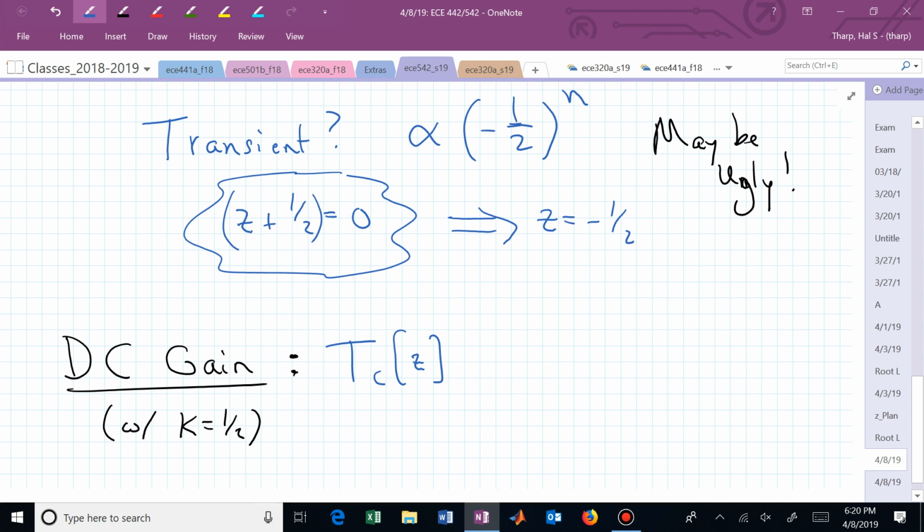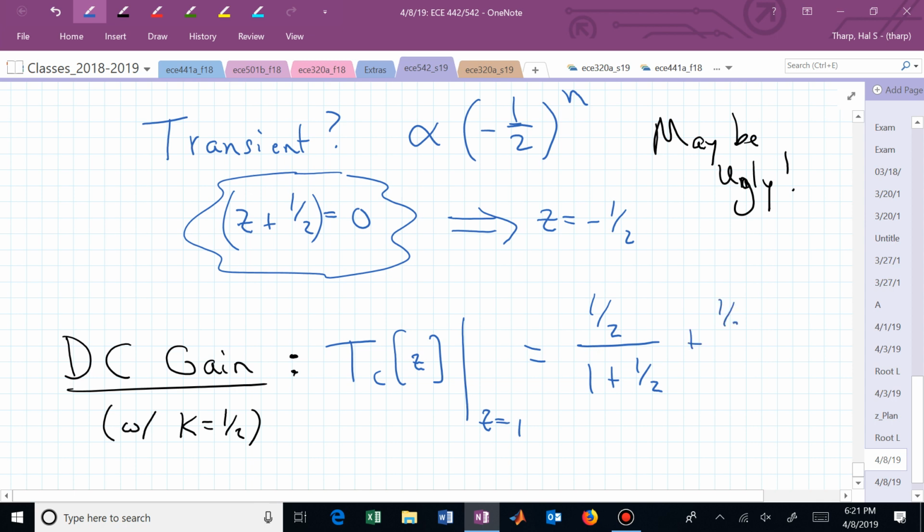That's how we find our DC behavior of our closed loop system. We evaluate this at 1, and we end up with 1/2 over z, which is now 1, plus 1/2, or we have 1/2 over 3/2, where our DC gain is 1/3.